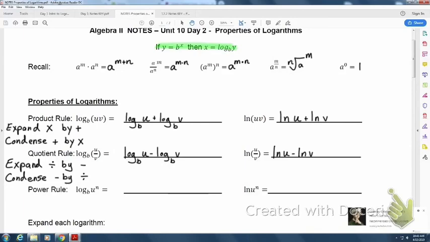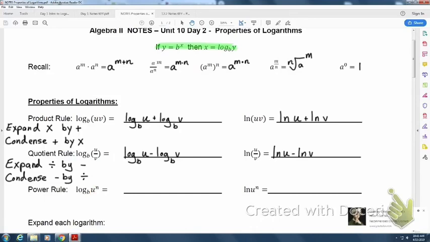Alright, last we'll have the power rule. So if you have log base b, and again I'm focusing on this part of it right here, we've got u to the power of n, so you've kind of got an exponent in your logarithm.